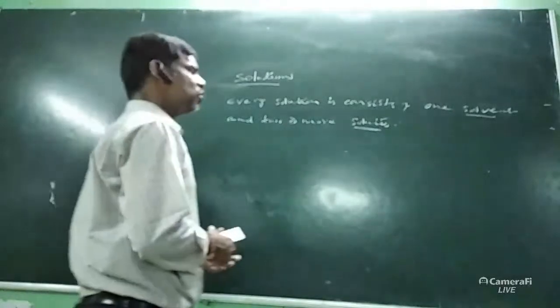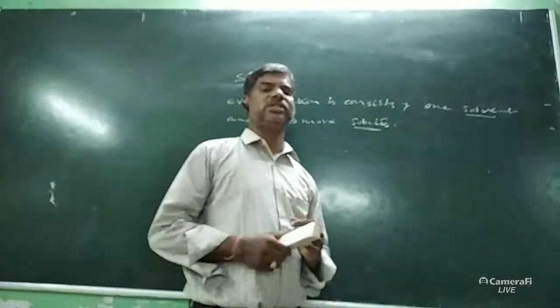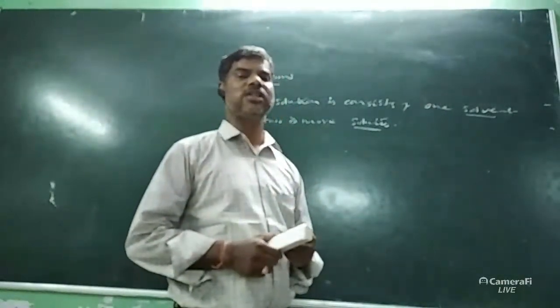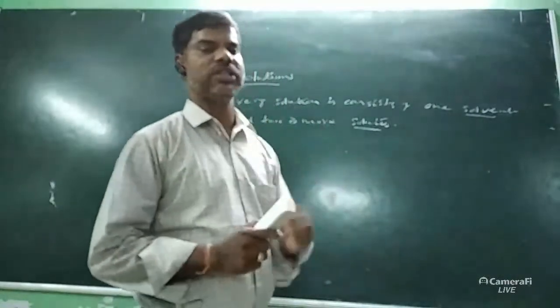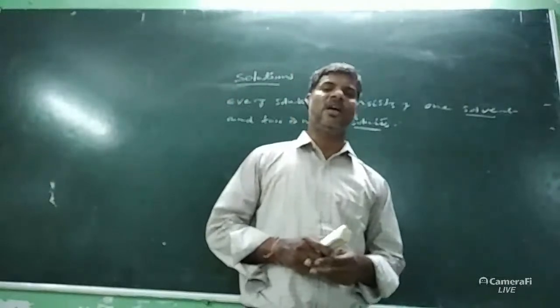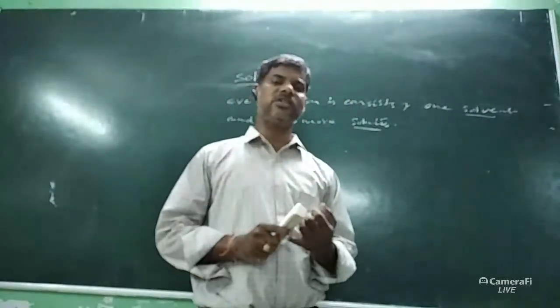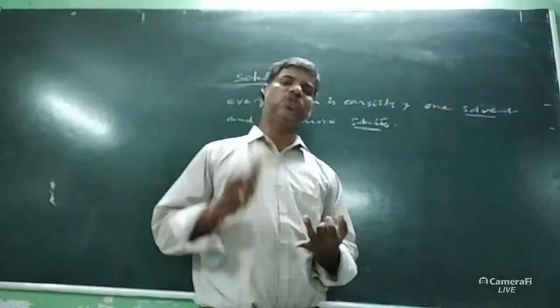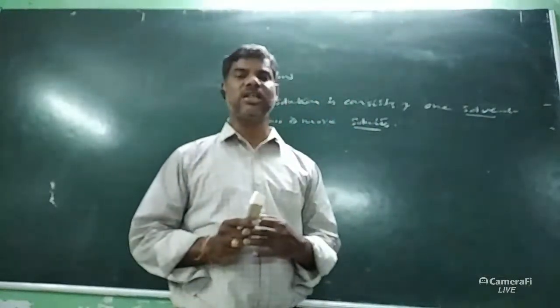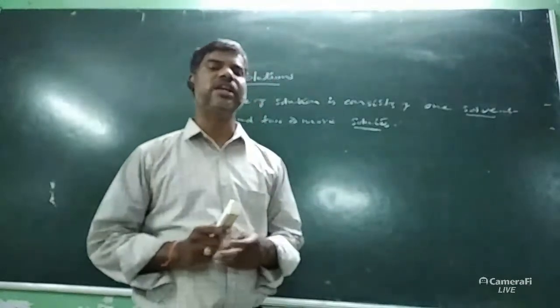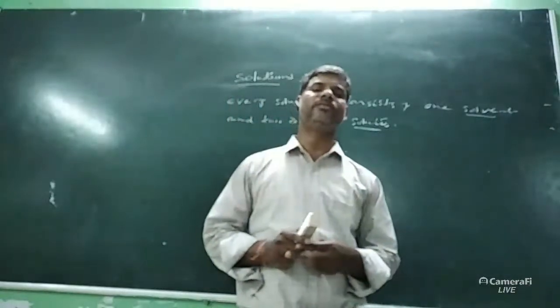The solution which contains only two components, nothing but solute and solvent, is called a binary solution. And the solutions which contain solute 1, solute 2 and solvent, meaning three components, are called ternary solutions.